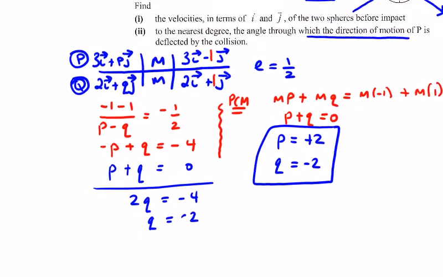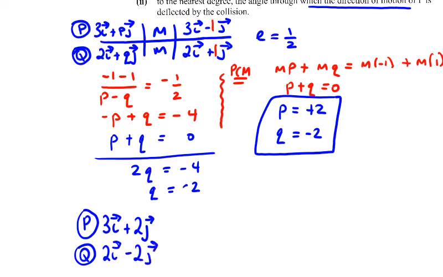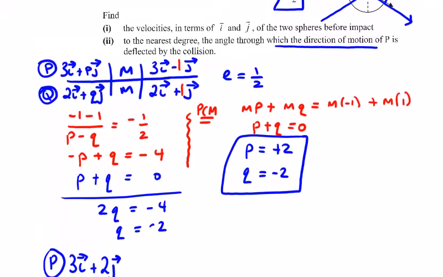So now we have the velocities before. We have for P 3I plus P times J, so that's plus 2J. And for Q we have 2I minus 2J. That's what we're asked for in part 1.